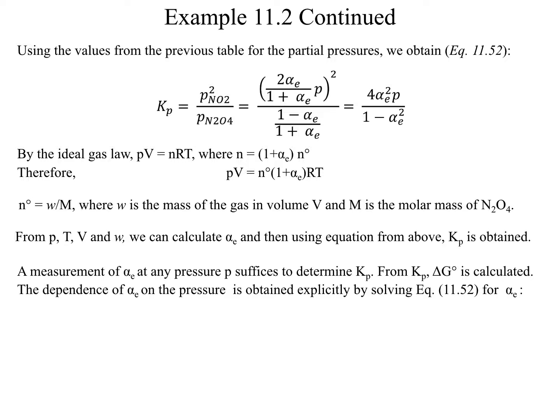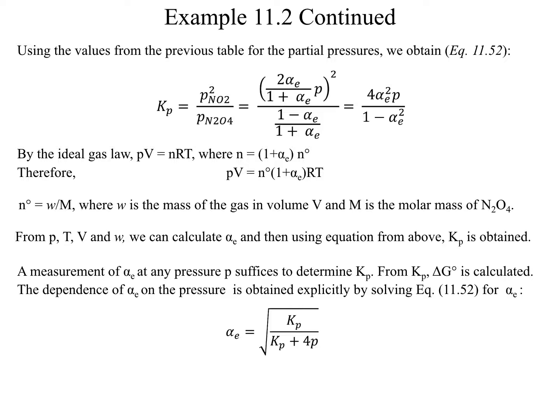The dependence of alpha on pressure can also be calculated, because we have the pressure explicitly written in equation 11.52: alpha equals the square root of Kp over Kp plus 4P.